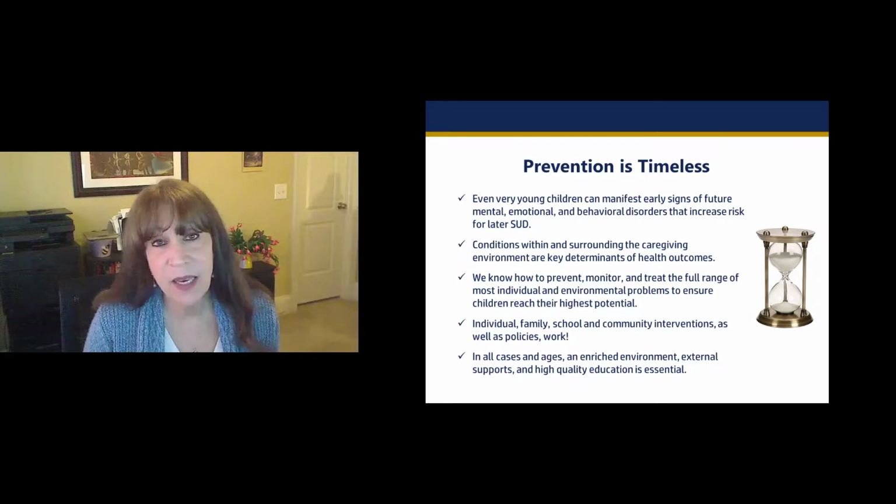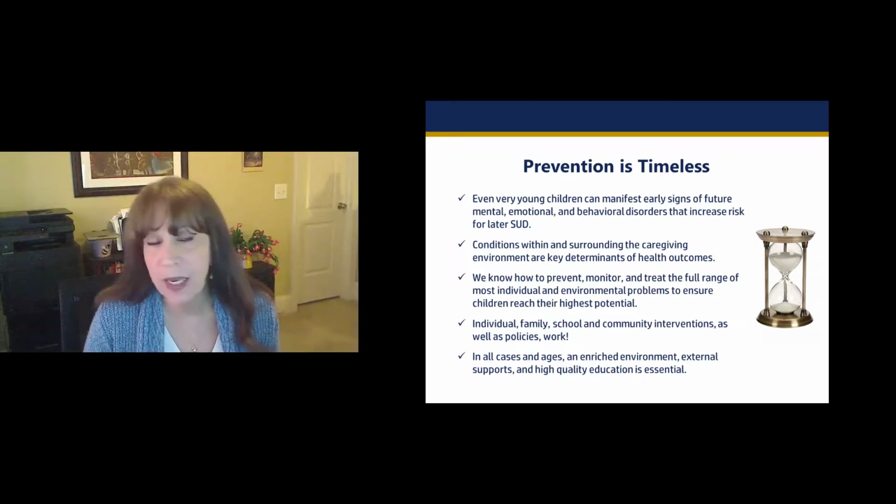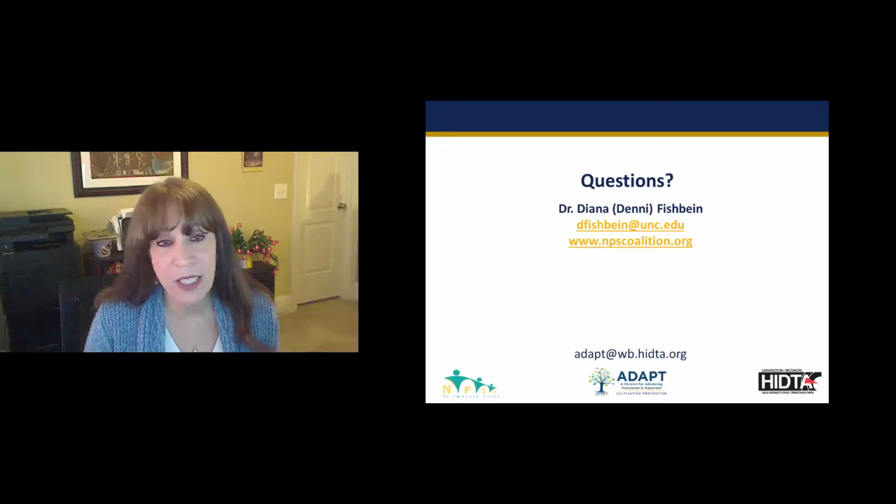And that we need to be sure at all times that our policies and our interventions are based on the science, and that we work to change mindsets so that people understand why prevention is absolutely key. So, and again, in all cases, an enriched environment, external supports, and high quality education is essential.